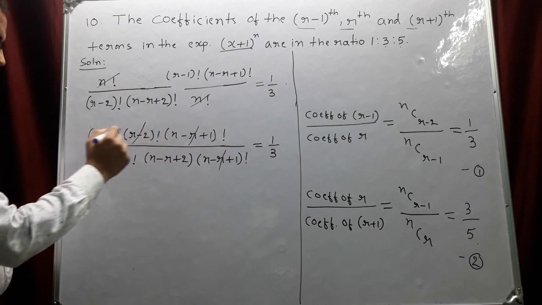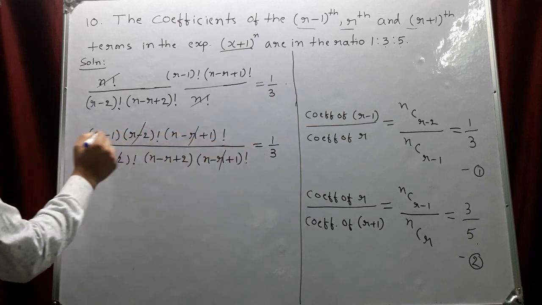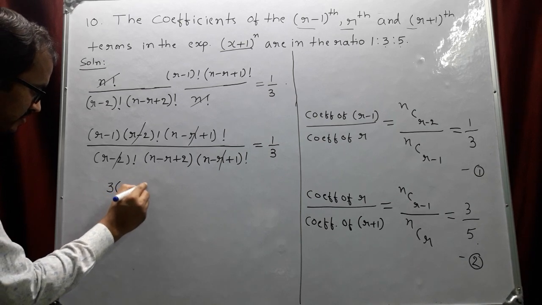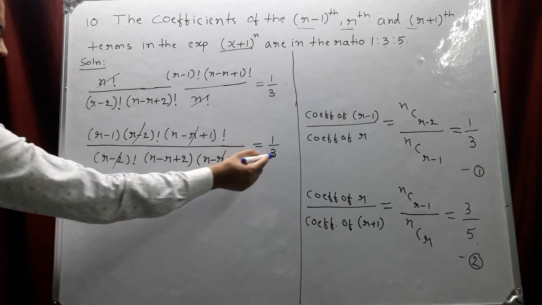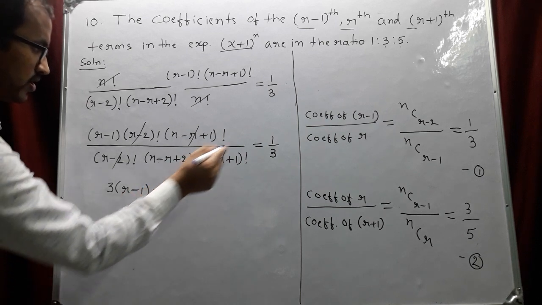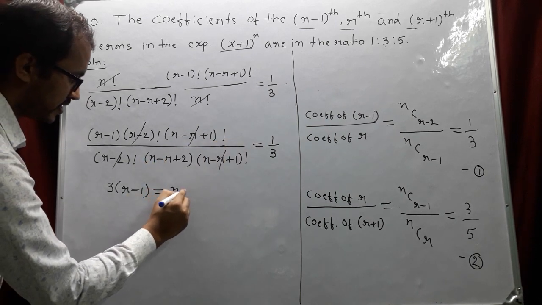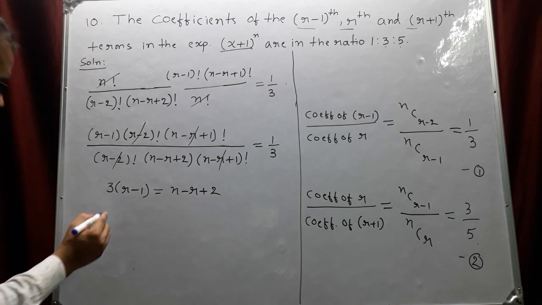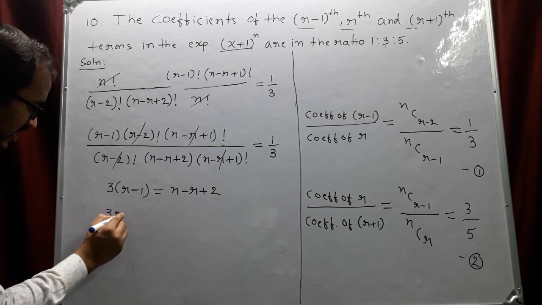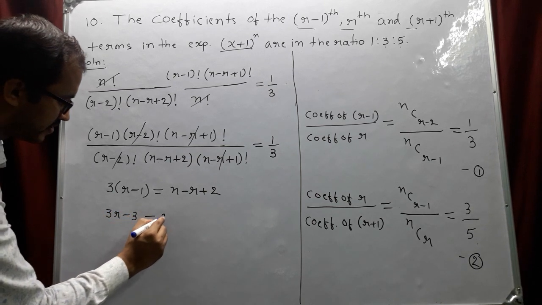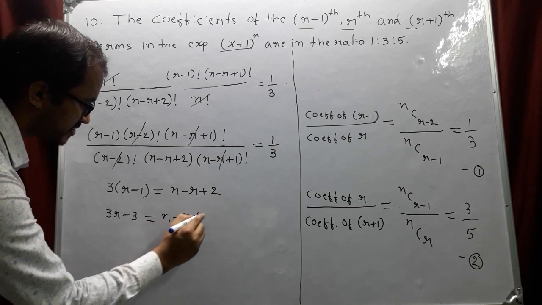So if you simplify, what we can write? 3 times r minus 1 is equals to 1 into n minus r plus 2. So that is 3r minus 3 is equals to n minus r plus 2.